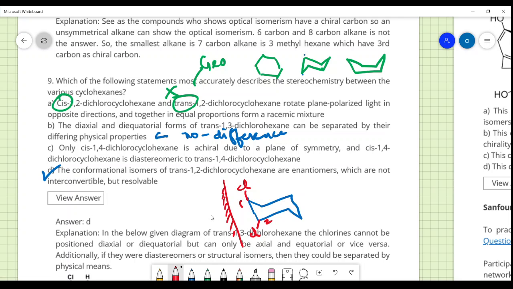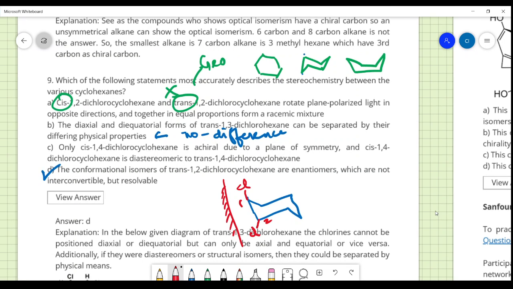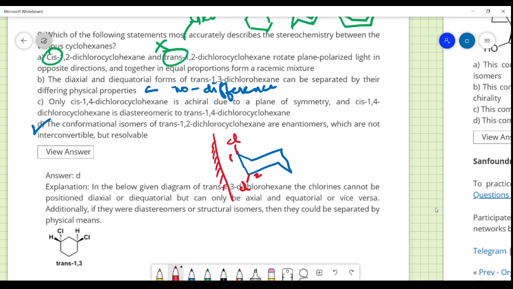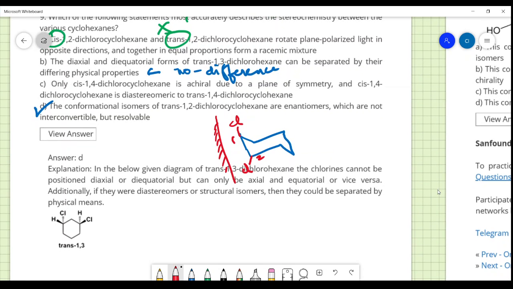Why? Here chlorines cannot be positioned diaxial, but can only be axial or equatorial, vice versa. Diaxial, diequatorial, they cannot get it, but it can be monoaxial. So this is a mono, and this is also a mono. So if you have di like this, it doesn't conform to any geometrical isomerism. So that is why trans is clearly given there.